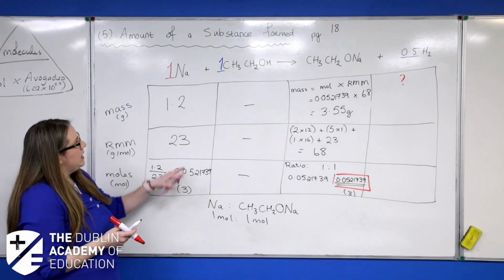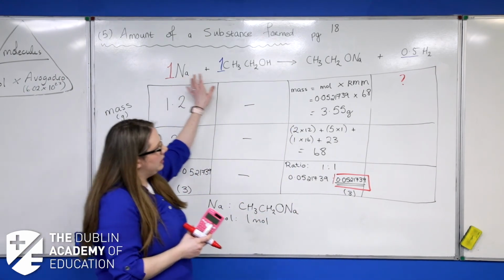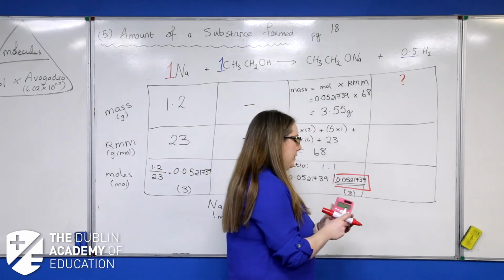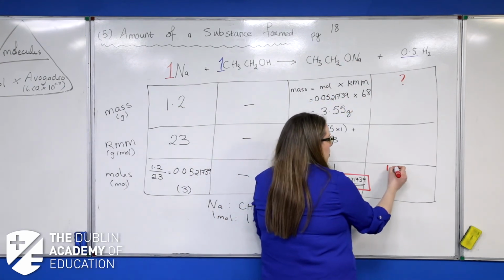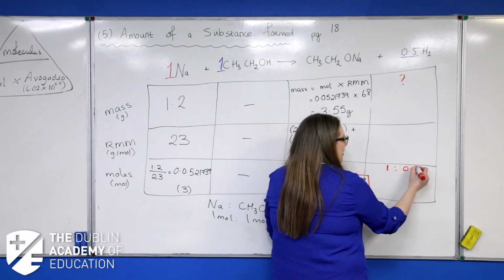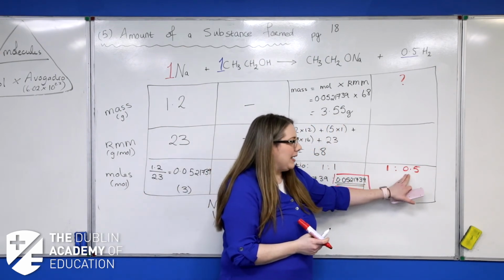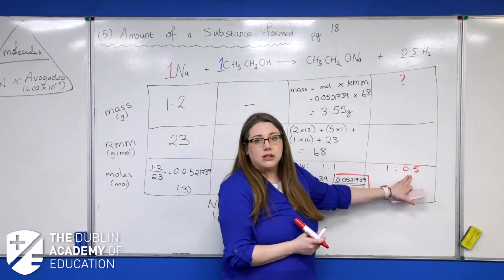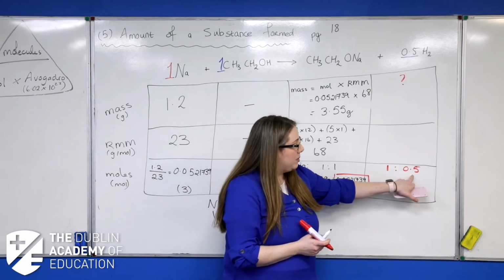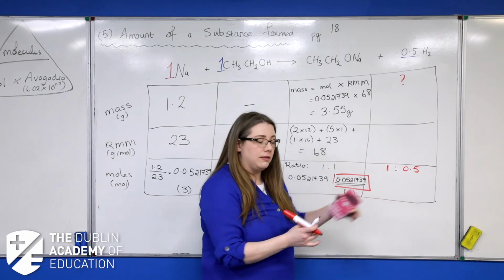We need to look at the relationship between sodium and hydrogen. And that ratio is 1:1/2. 1 mole of sodium will make 0.5 moles of hydrogen in this reaction. So you will end up with half of what you started with.